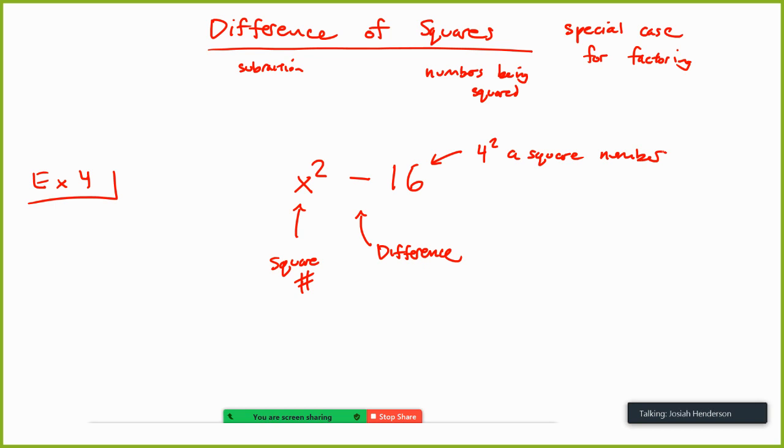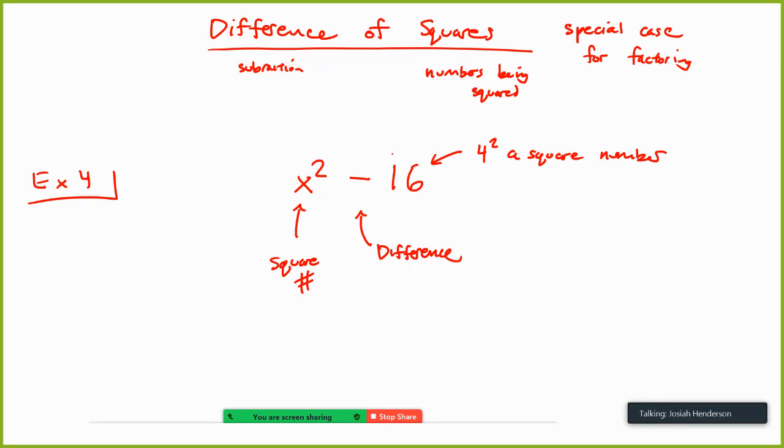So what we're looking for is, if you're given a problem that looks like x squared minus 16, check to see, okay, is there a minus? Is there a difference, a minus sign right in the middle? Are both of these numbers square numbers, like something to the second power? Sure, x to the second power is a square number.